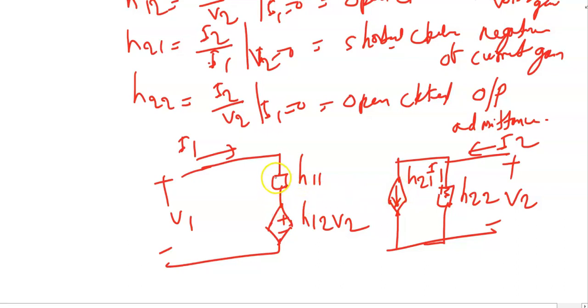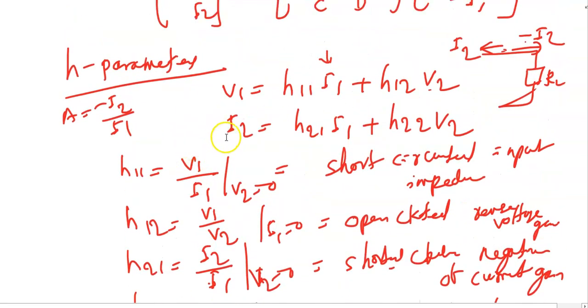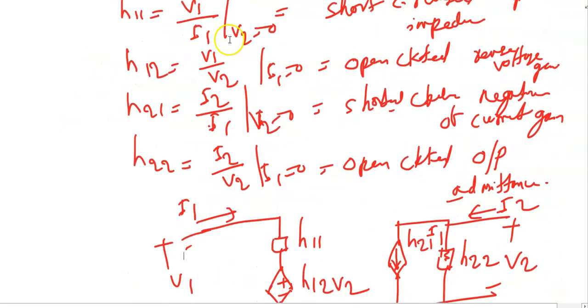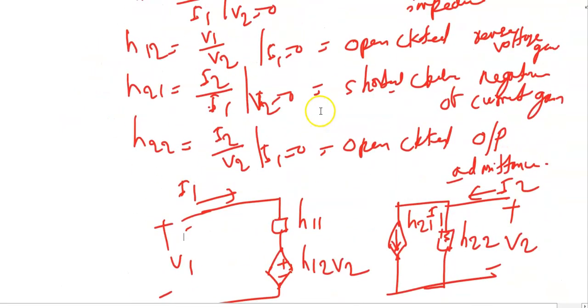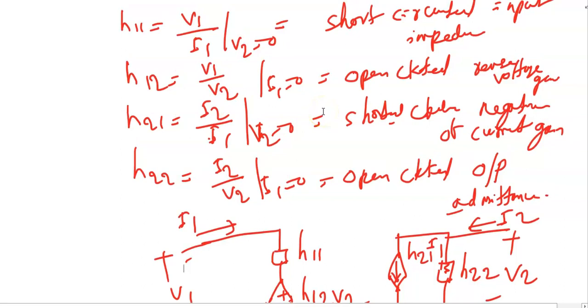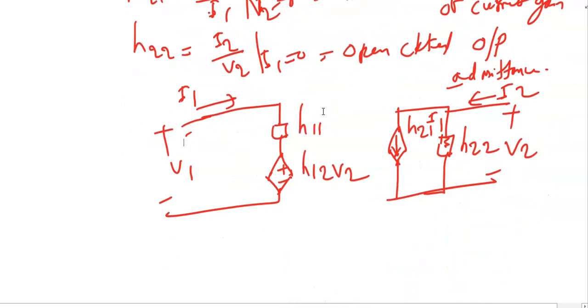So you can easily apply KCL and KVL here to find the two basic equations of the H parameters. So what do you see here? We do open circuit I1 equal to 0, so that means the driving function here is a current and the driving function is your voltage.